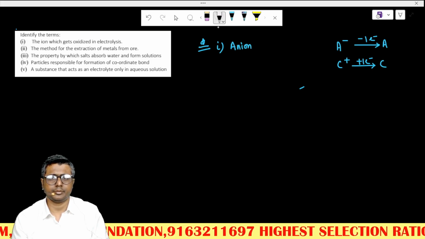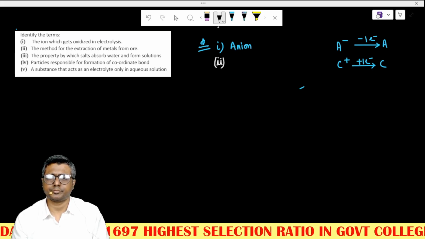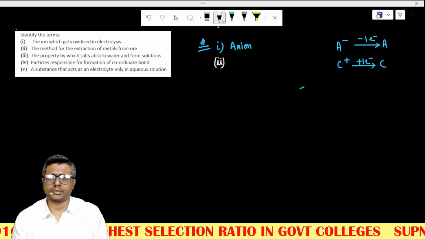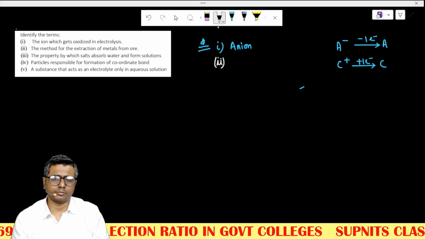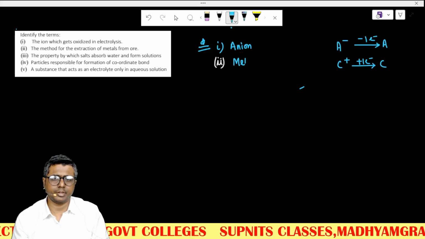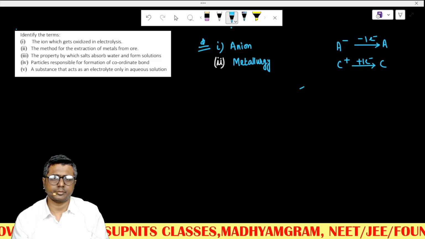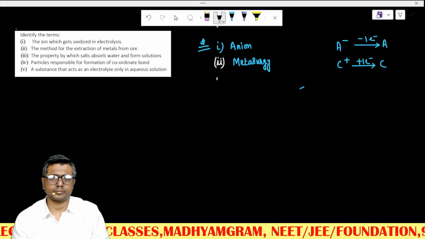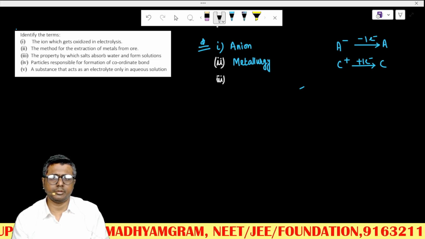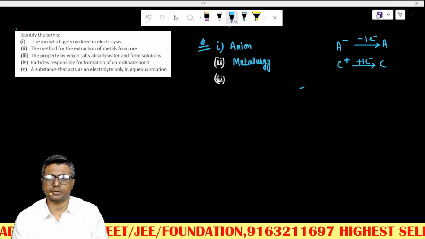Number 2, method of extraction of metals from the ore. This is nothing but metallurgy, a straight-cut question. The more mock tests you give and the more practice you do, the more conversant you will be with the kind of questions.